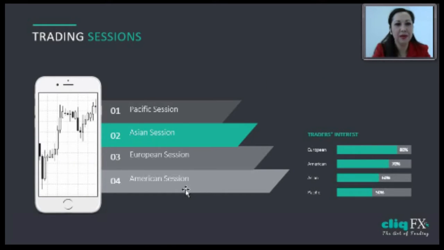So we have the Pacific session, Asian session, European session, and American session. These sessions are combined with the parts of the world, so they are called like that according to their territorial location, and also because of the stock exchanges and the cities in which they are operating.